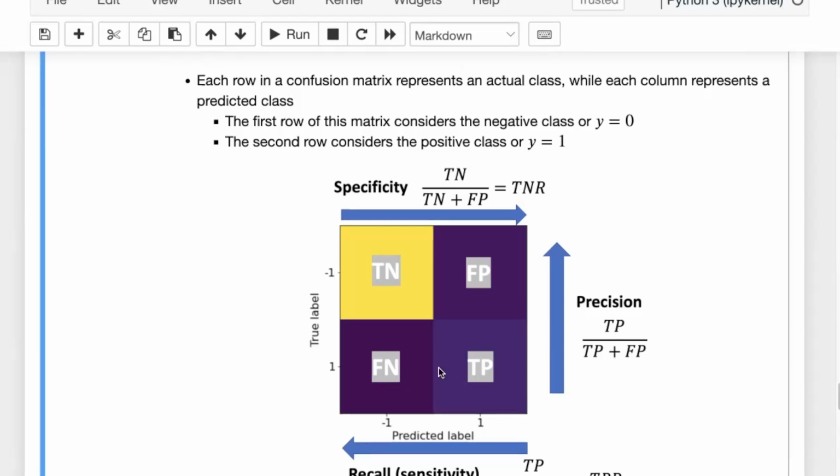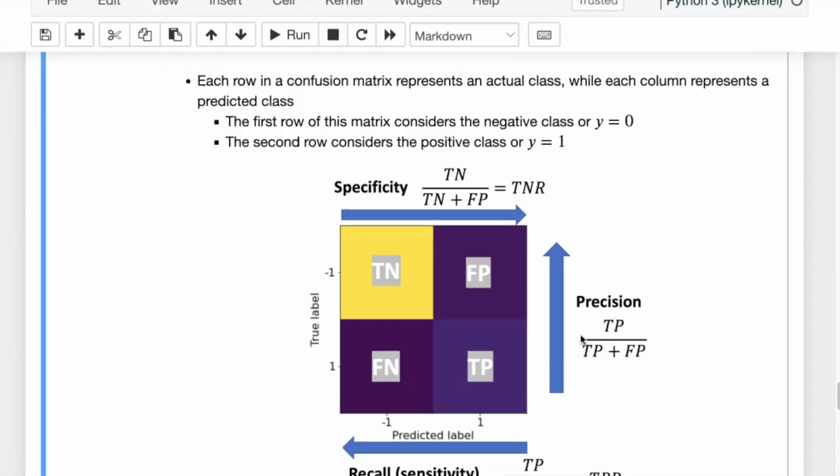But then we can also define more appropriate metrics depending on the application, where we look at precision, which is true positive over true positive plus false positive. That's the equation that we have here.